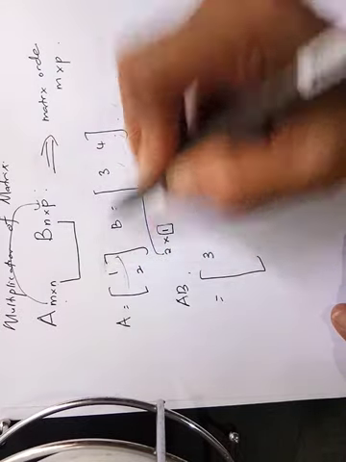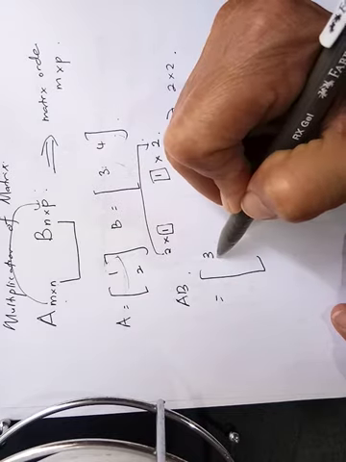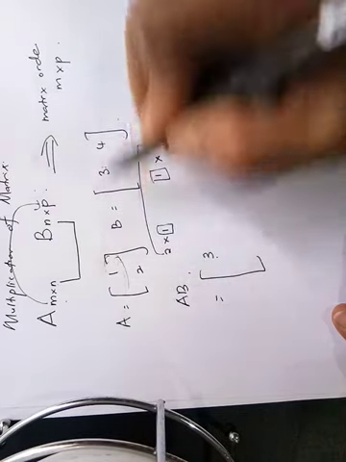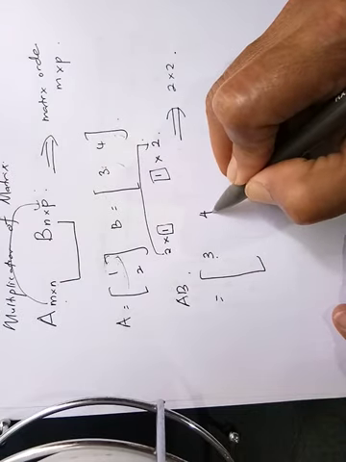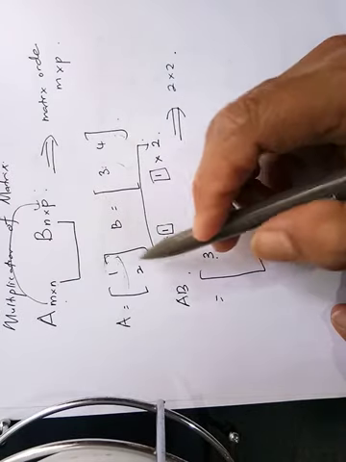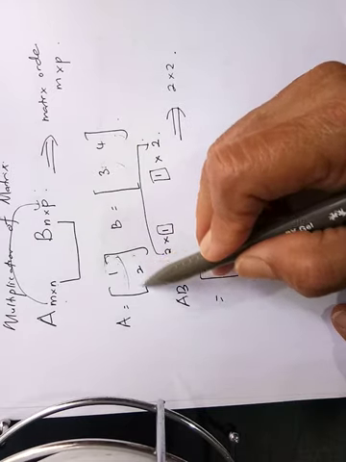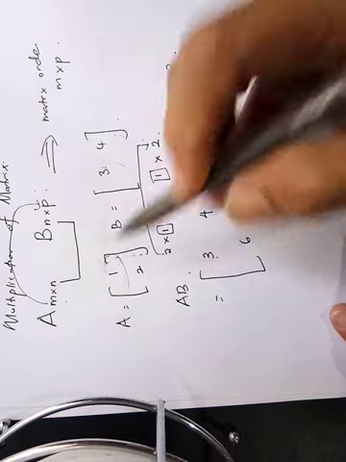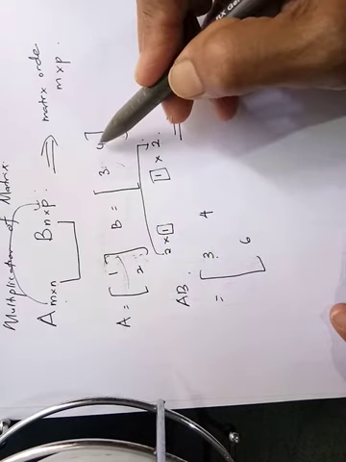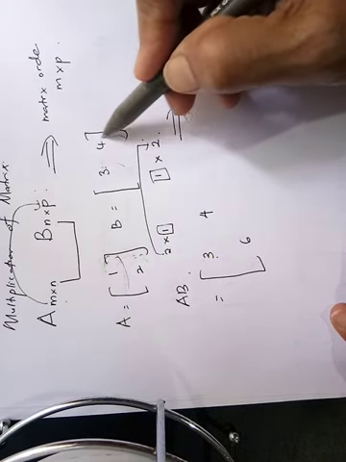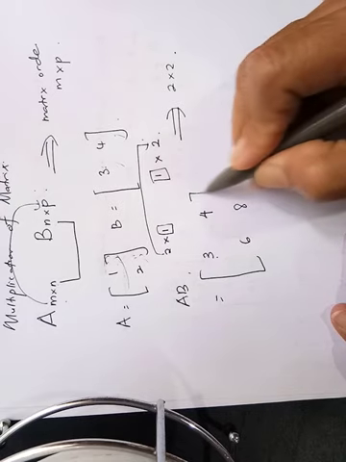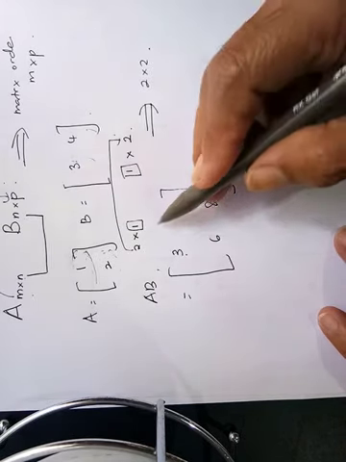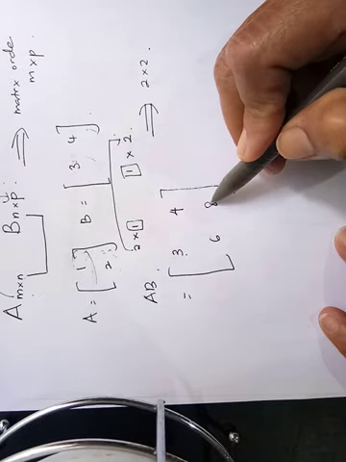Earlier was first row, first column; here, second is first row and second column. 1 times 4 is 4. Next we move on to the second row. Second row, first column, which is 2 times 3 is 6. And second row, second column, 2 times 4 is 8. So this is the answer, where the order of matrix AB is 2 times 2.